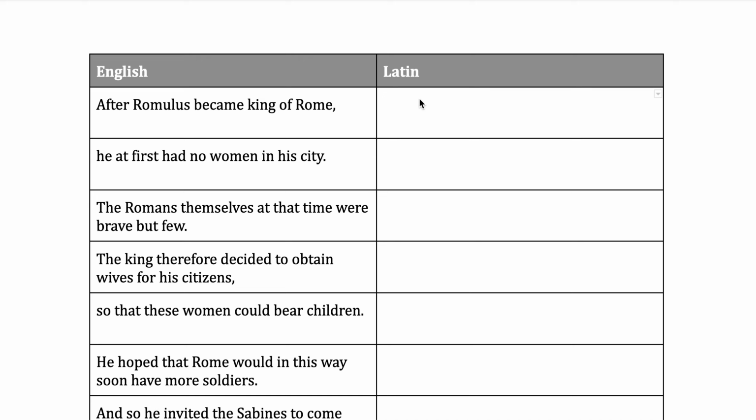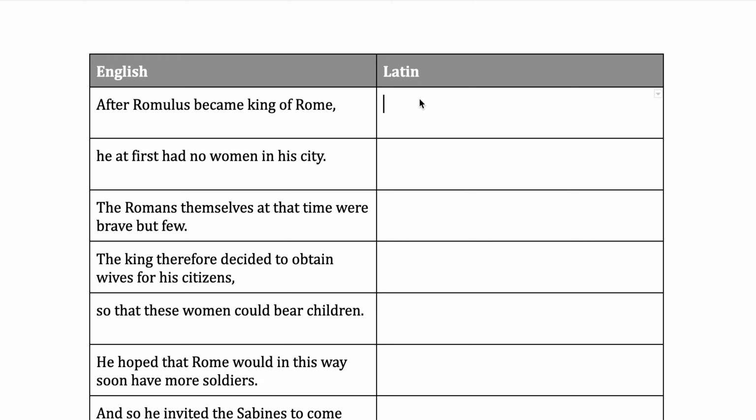So in this first sentence, or this first clause, after Romulus became king of Rome, one of the best ways that we could translate this would be with an ablative absolute, because an ablative absolute is often used to mean after something had happened.